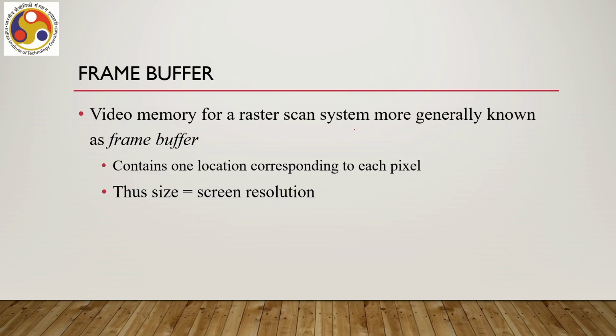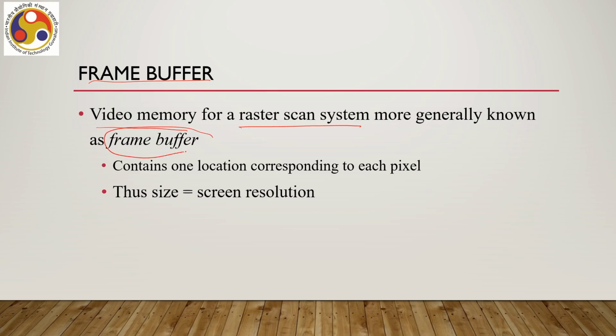There is another term that we should know of, called the frame buffer. Earlier we talked of a video memory which stores the image in the form of zeros and ones. Now, when we are talking of the video memory for a raster scan system, where we are storing the intensity values for all pixels in the grid, the more generally accepted or popular term is the frame buffer.